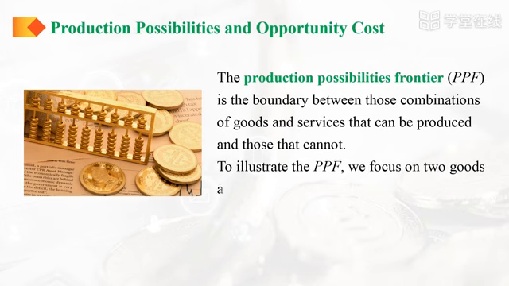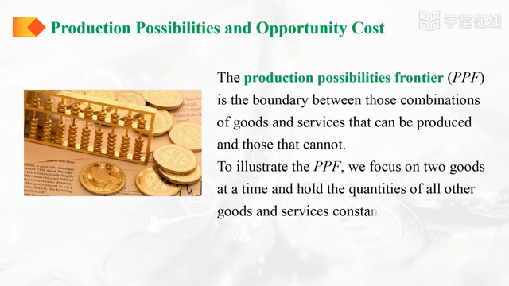To illustrate the PPF, we look at a model economy in which the quantity produced of only 2 goods change, while the quantity produced of all the other goods and services remain the same.